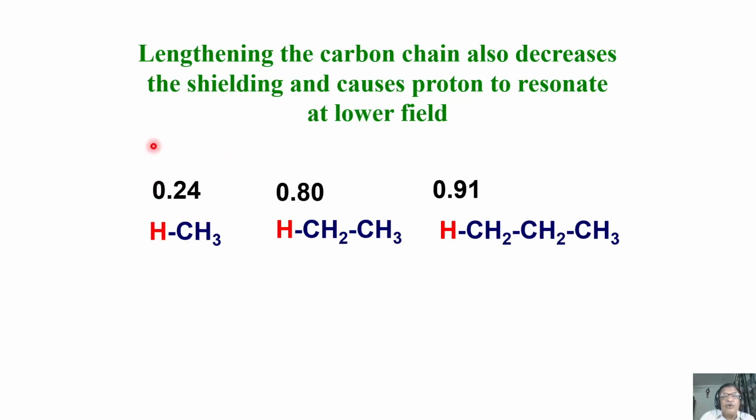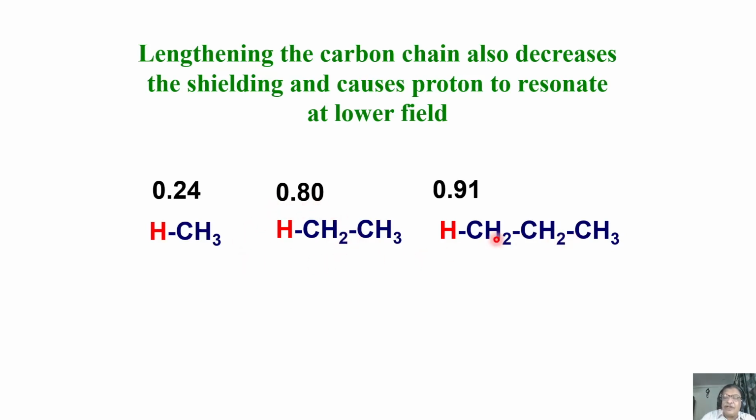It moved from 0.24 ppm to 0.8 ppm. In this molecule, there is no electronegative substituent attached. But lengthening of the carbon chain also causes deshielding. As a consequence, this proton moves downfield.